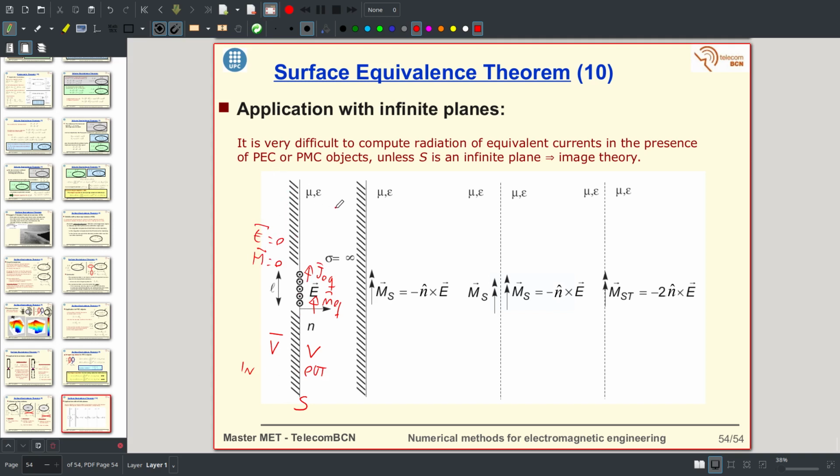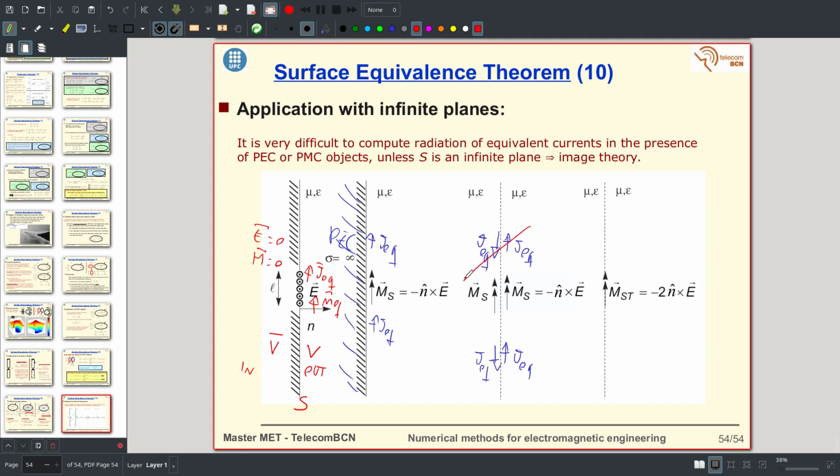Inside S, since the fields are 0, you can fill inside S with a perfect electric conductor everywhere. Now you have the radiation of the magnetic current, but also the radiation of the equivalent electric current. But the equivalent electric current does not radiate because, when we apply image theory, it is a current parallel to the ground plane, and it has an opposite image.